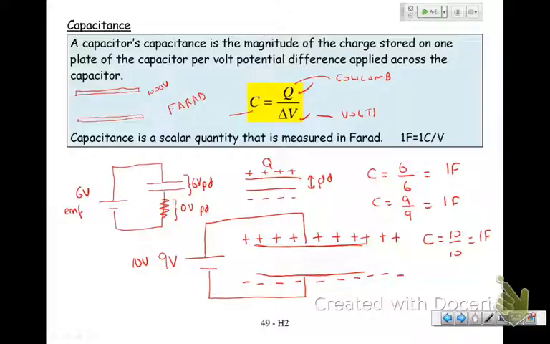So at some point, I'm going to get a thing called dielectric breakdown, where these positives are going to say, man, I just want to be with those negatives, and I don't care about the gap. And so you get a spark if it's just a gap in the air. If you filled it with paper as a dielectric, then you'll burn a hole through the paper.